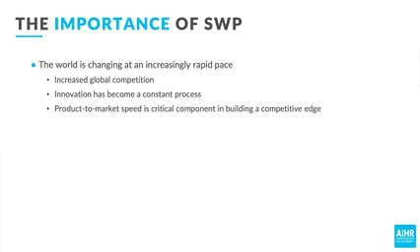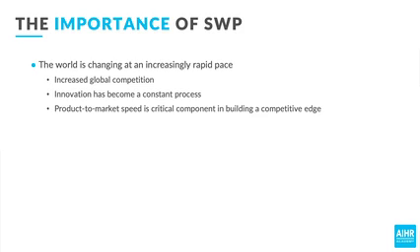So being the first to launch your product has traditionally never been seen as a competitive edge, because you have the follower advantage, the advantage of learning from the leader. But increasingly, with good distribution using the internet, this advantage of being the first to market becomes more and more important. So your product to market speed is a critical component in building a competitive edge.